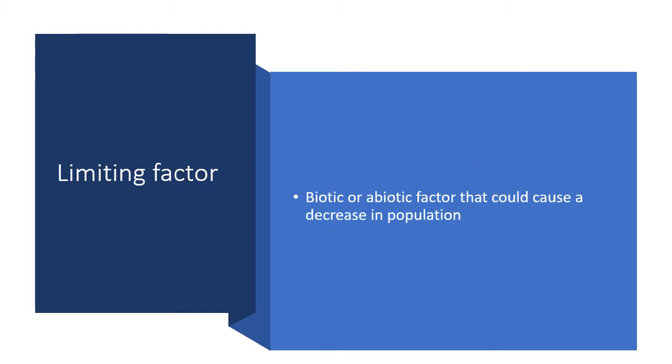All right, a limiting factor. So these are the things we're going to focus on in ecology. These are biotic or abiotic factors that could cause a decrease in the population size. So anything that can limit the existence of an organism.